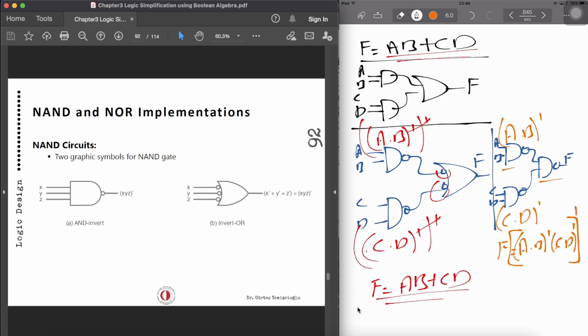So we are actually taking the complement of those, because that is going to cancel that one, and that becomes plus. So we have A, B, C, D again, and they are all giving the same answer. And this is the NAND implementation of a typical sum of product.